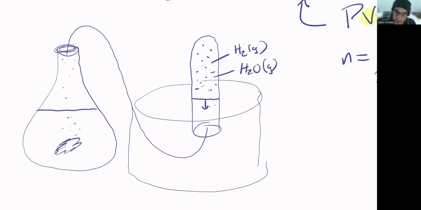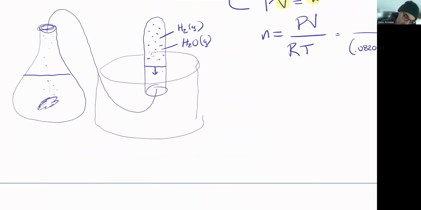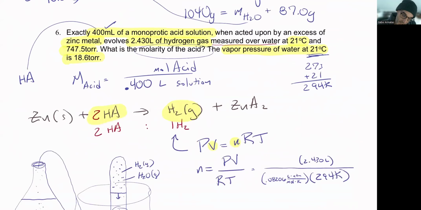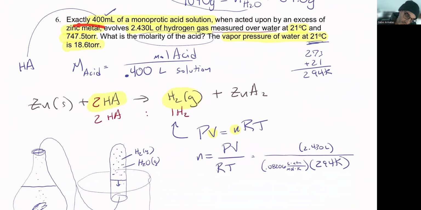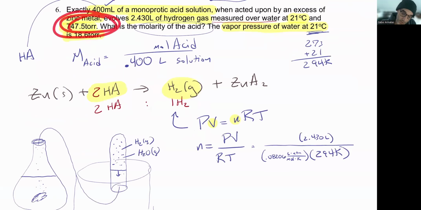So this is where the pressure change comes in. The total pressure of the atmosphere pushing down is equivalent to the pressure of the hydrogen gas plus the pressure of the water.